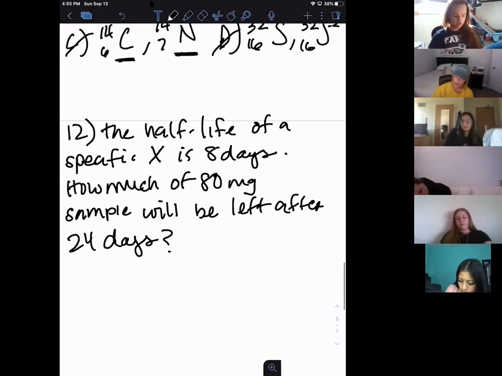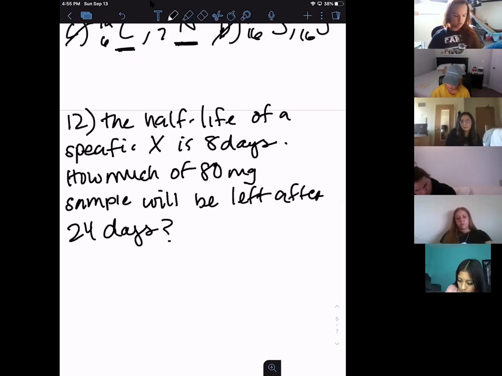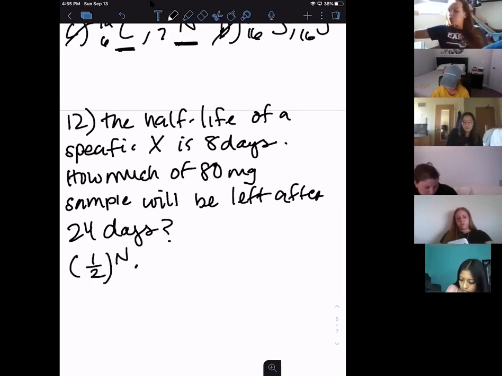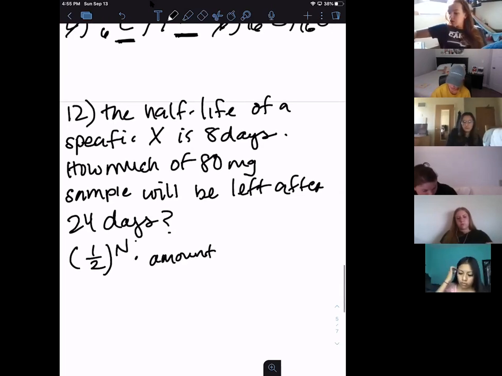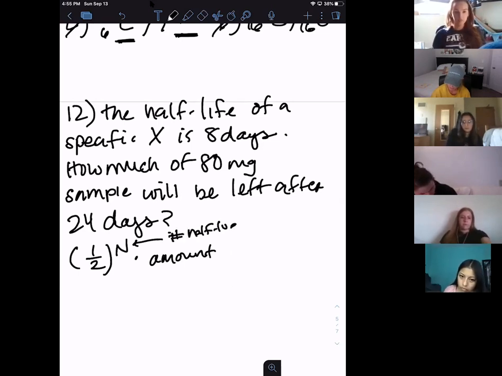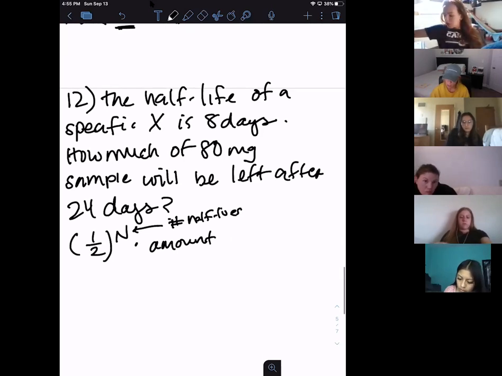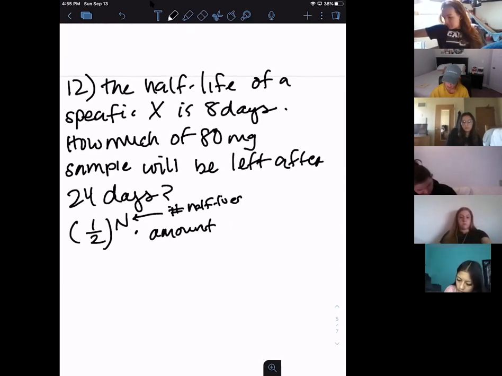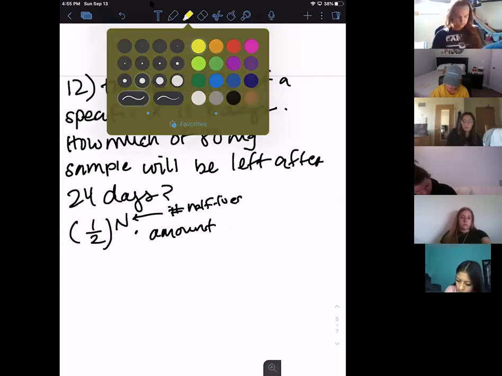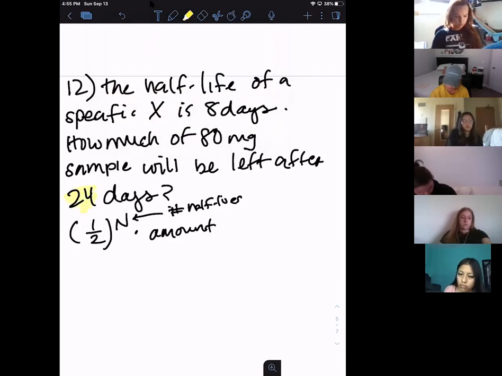Okay, first of all, you need to remember this. This is going to be the number of half-lives from the given time. So what I'm saying is, to figure out the half-lives, we have to deal with this number and this number, right? So I would take 24 and divide that by 8.